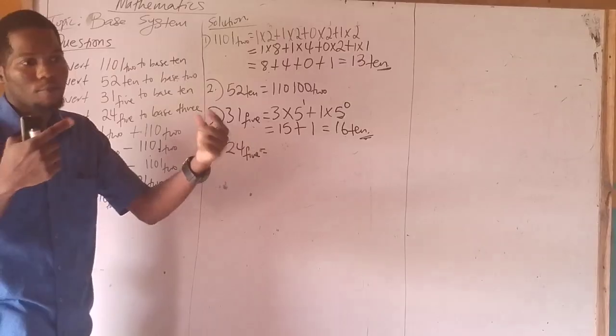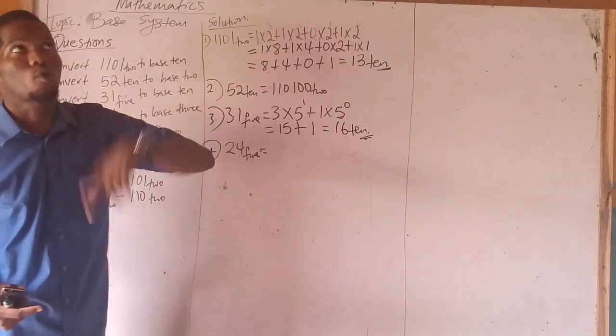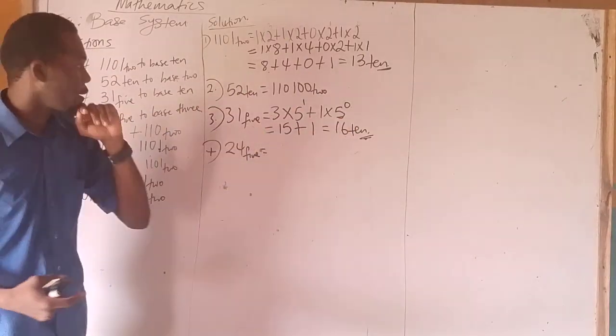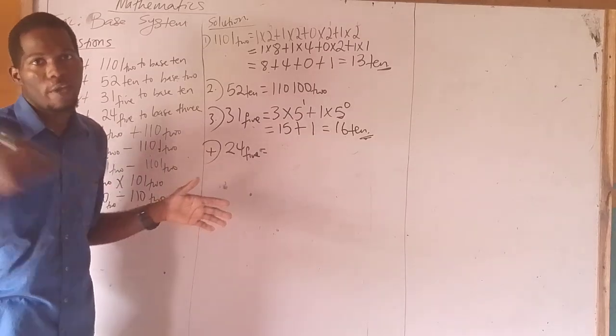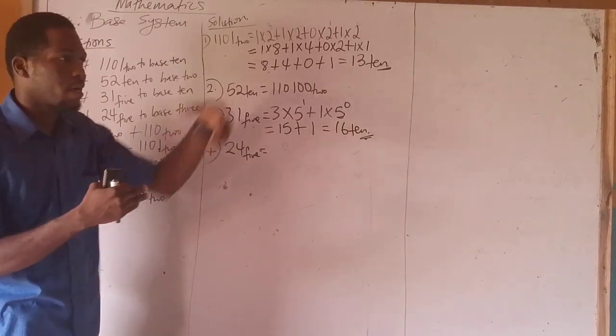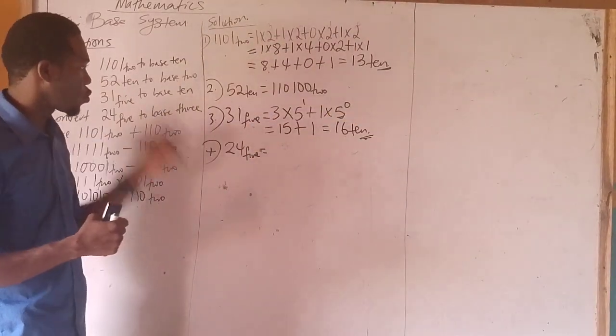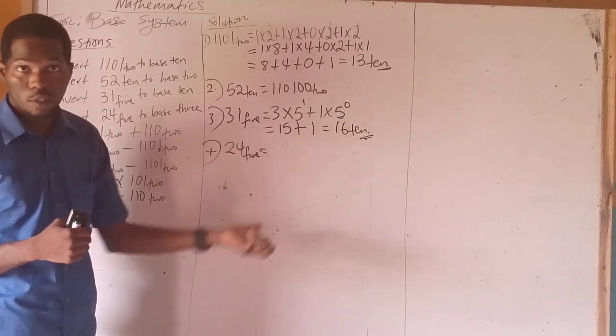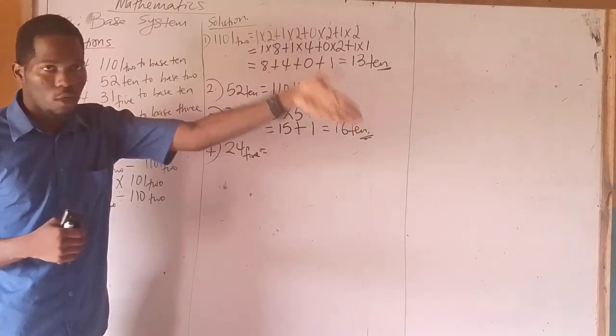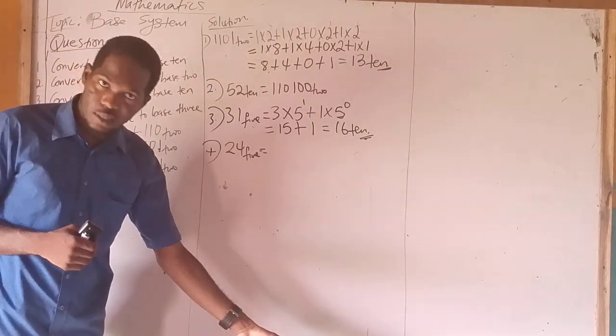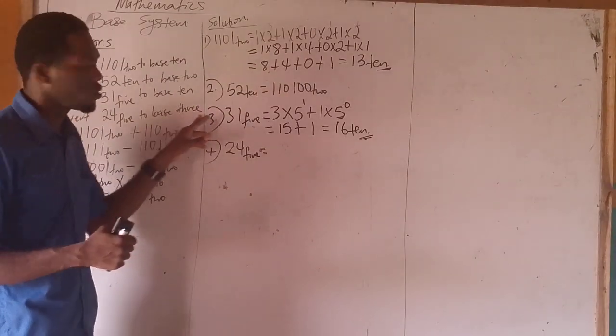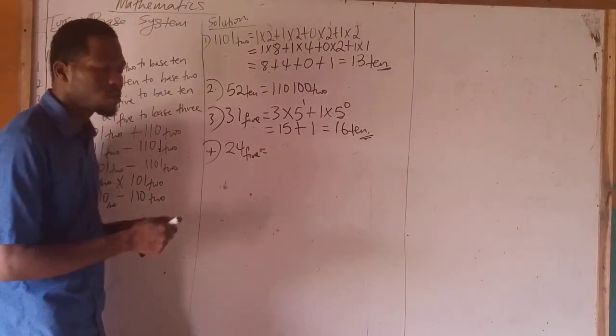So every base can be converted to base 10 first before it can be converted to another base. It's just like a train station where a train passes before it gets to where it's going. So this base 5 has to get to that station, which is base 10, before it moves towards base 3. So we have to convert this to base 10 first.